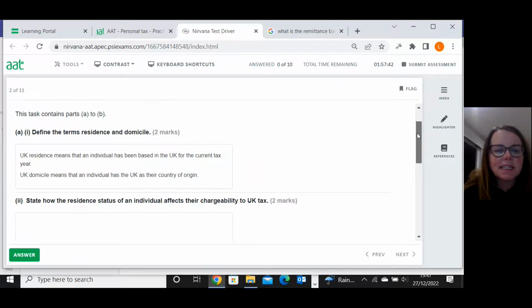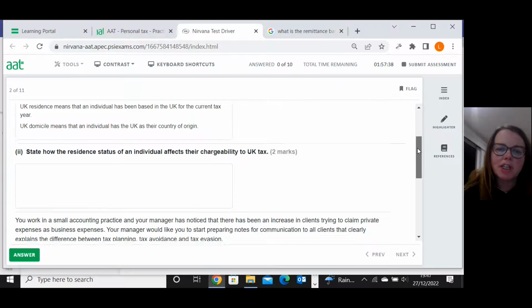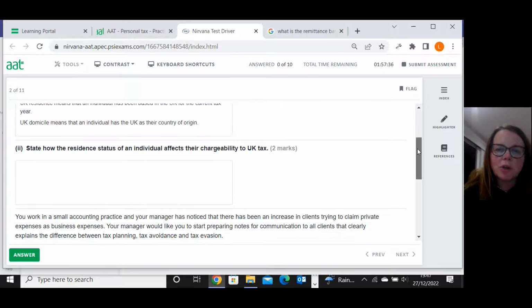State how the residence status of an individual affects their chargeability to UK tax. Again, it's only 2 marks. It's only asking about the residence status.